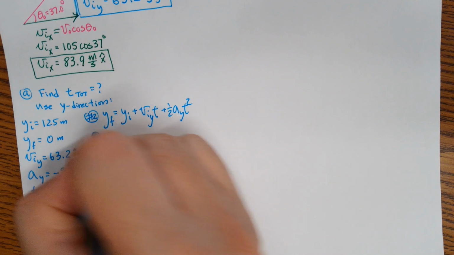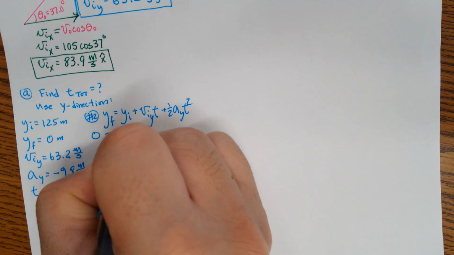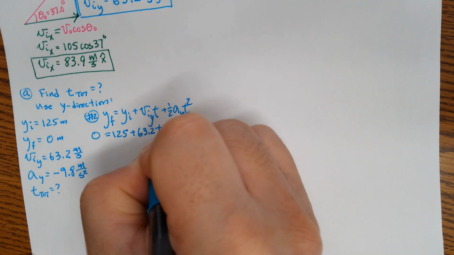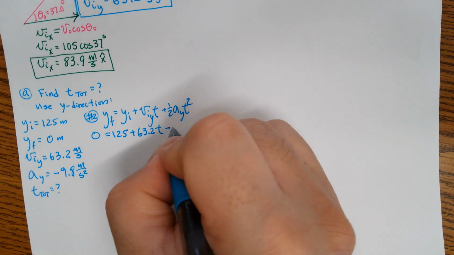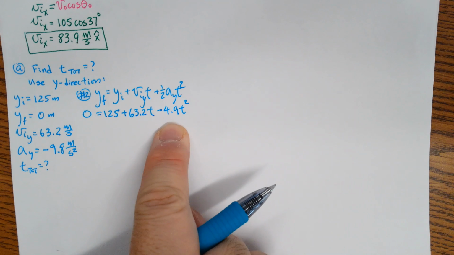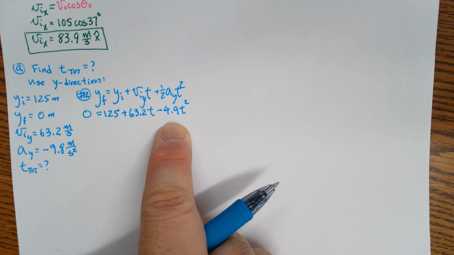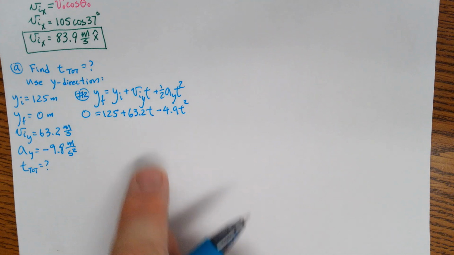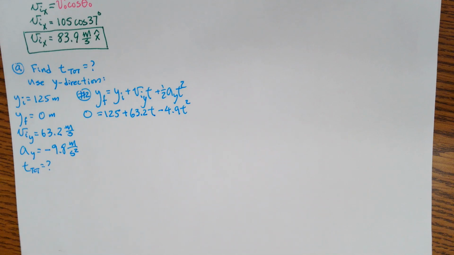So here, 0 is equal to 125 plus 63.2 t, minus 4.9 t squared. Where did I get that negative 4.9 from? Excellent. That's 1/2 of negative 9.8.